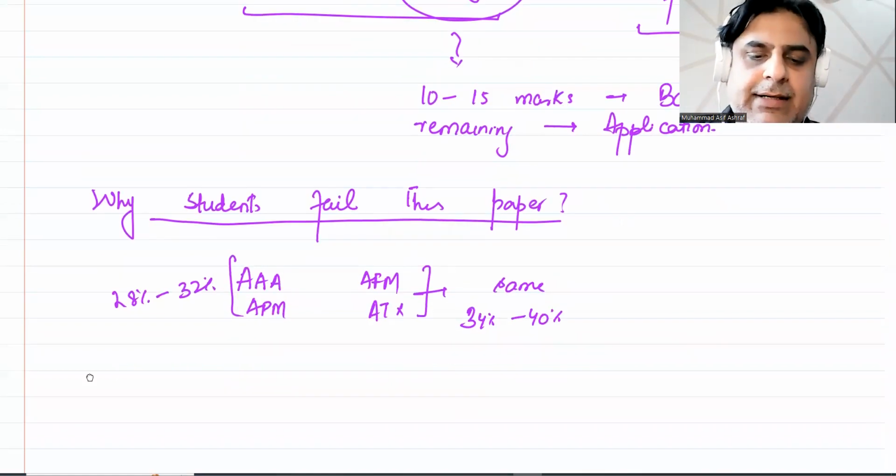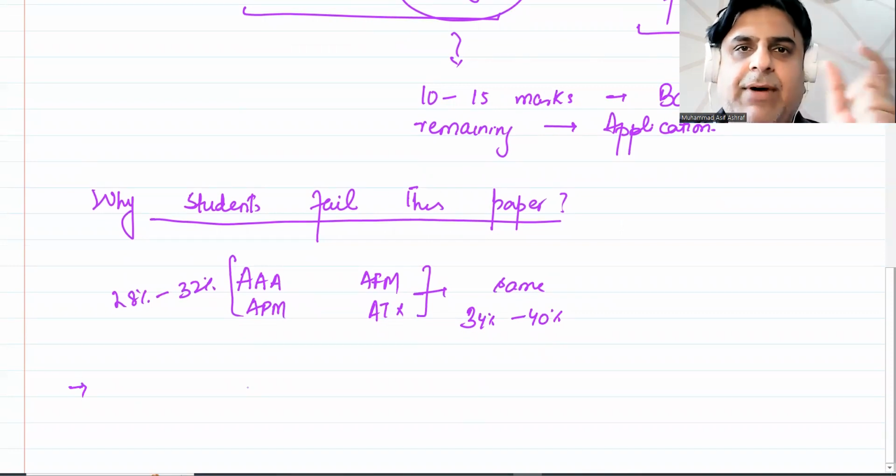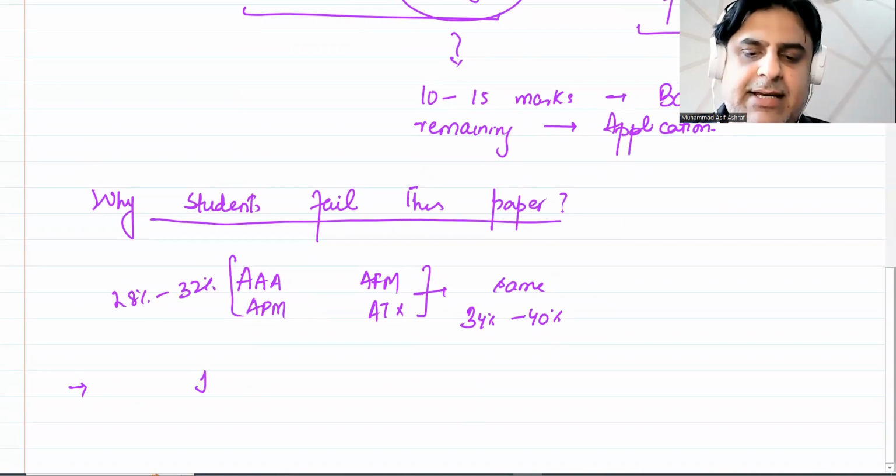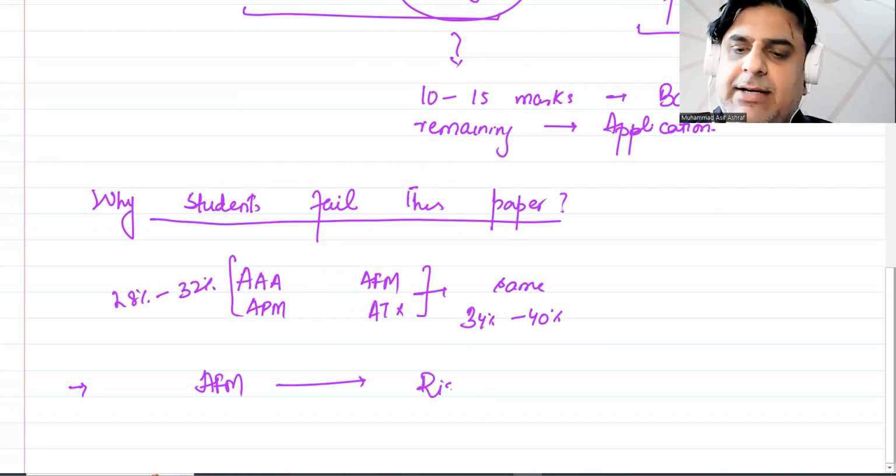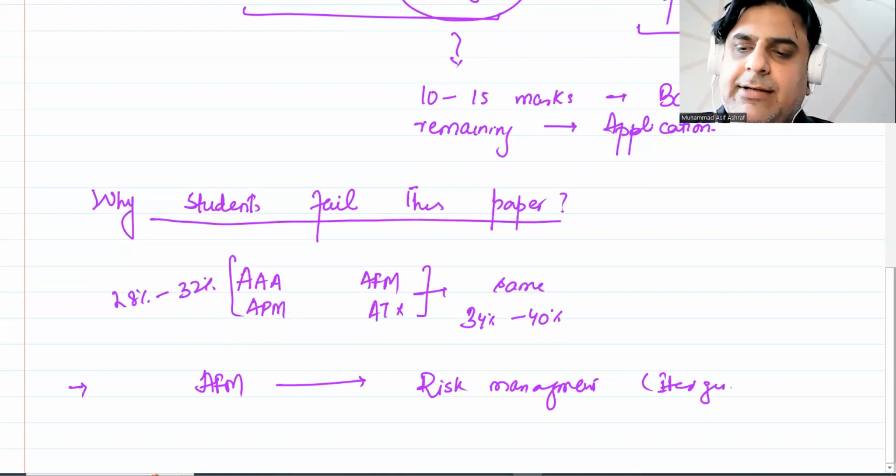Second point, students often find that AFM is basically related to a topic called risk management, or a topic which you have studied in your paper F9 or financial management called hedging.